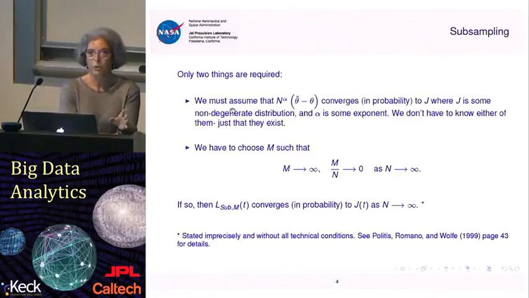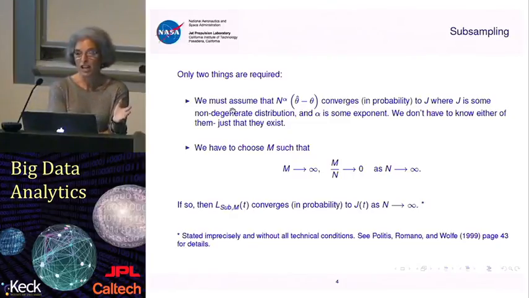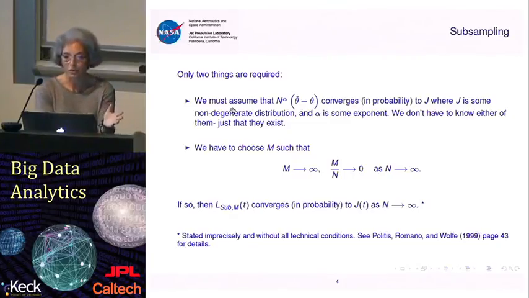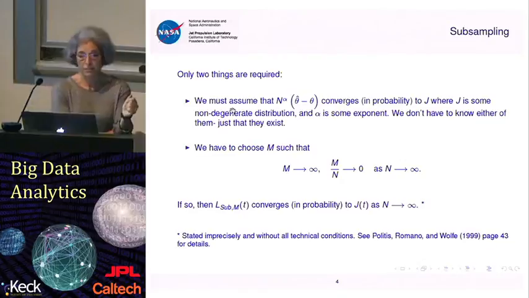In other words, isn't point mass at some one potential value, and that the scaling exponent, alpha, which tells us, you might call this the rate at which n has to get large in order to make this work, just exists. We don't have to know what either of these things are, we just have to know that they exist. So both things seem like relatively weak and general sorts of assumptions that we might actually be justified in making.